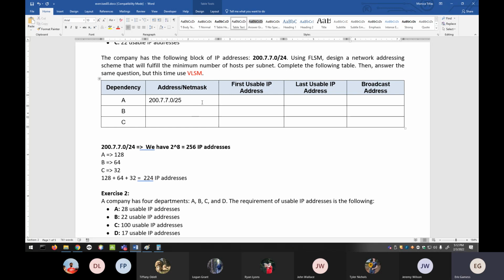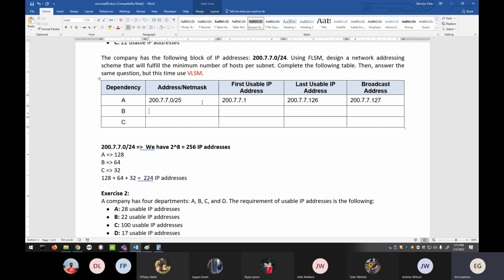What will be the broadcast address? It will be .127 at the end, exactly, because it has 128 IP addresses. So it will be 200.77.0.127, correct. So the last usable IP address will be 126, and the first valid will be what? 1.